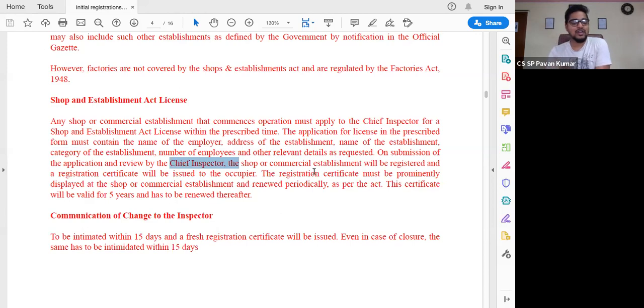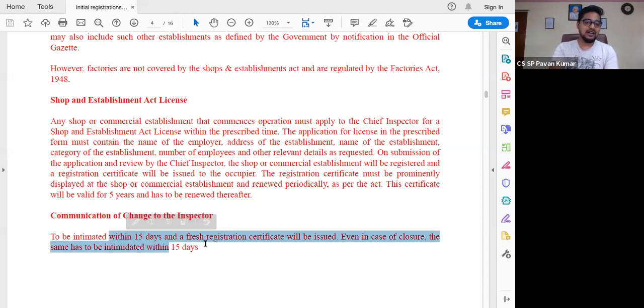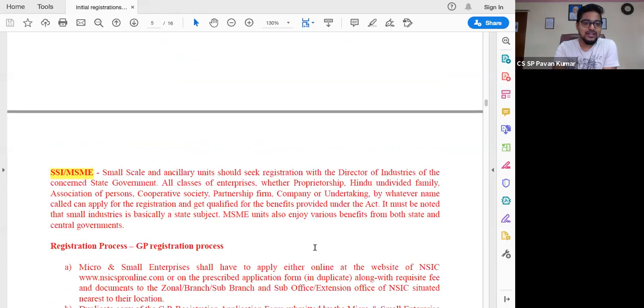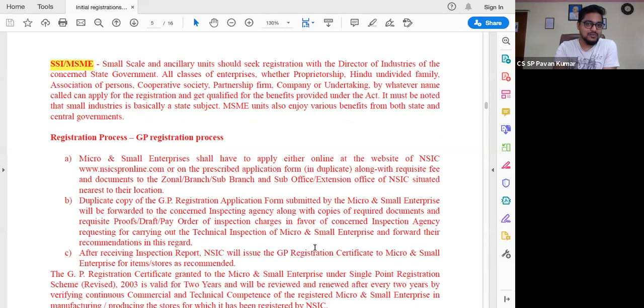This is how you get your shops and establishment registration. And if you change from one shop to another, or there are any changes in your place, you have to intimate it within 15 days, and a fresh registration certificate will be issued after you intimate them. This is how you get it under the Shops and Establishment Act.